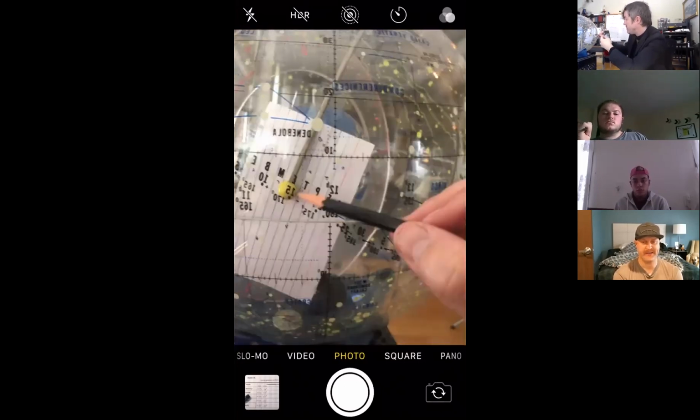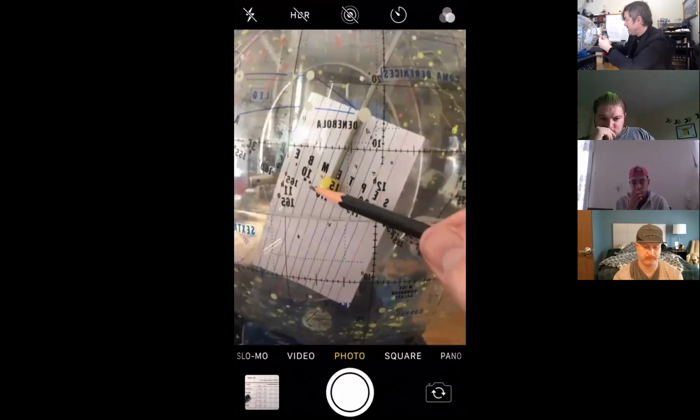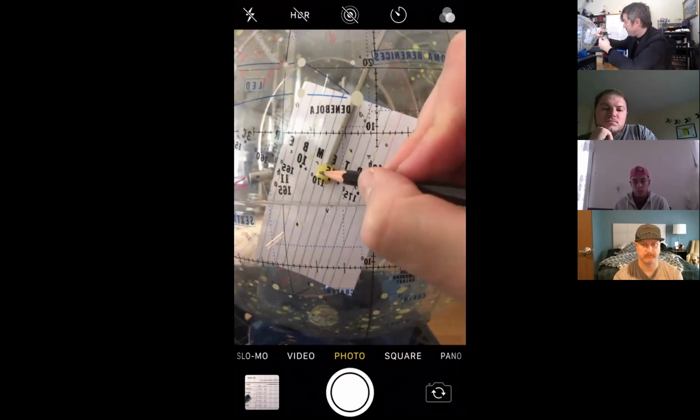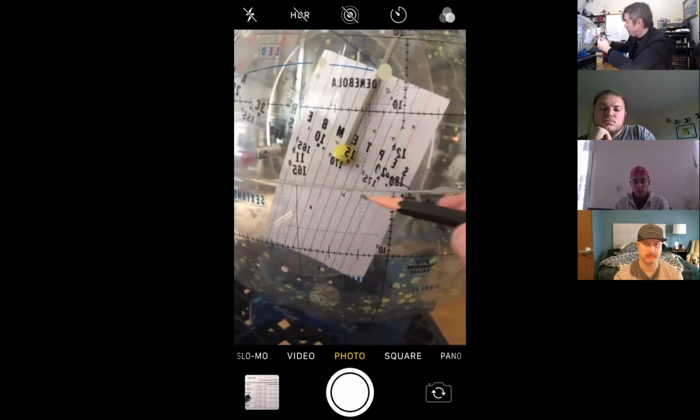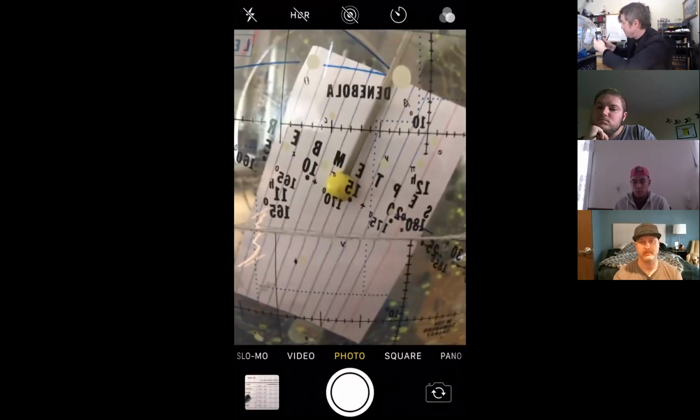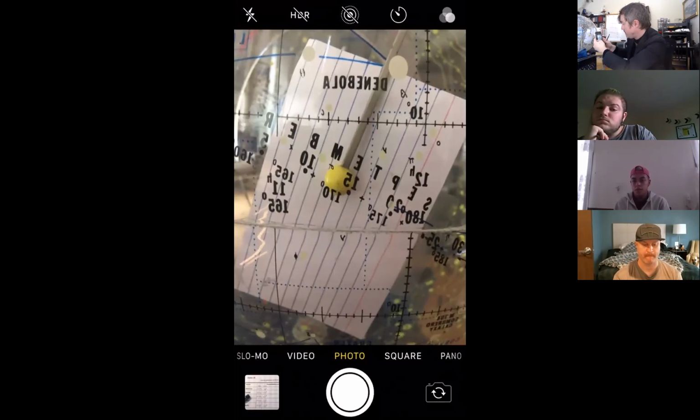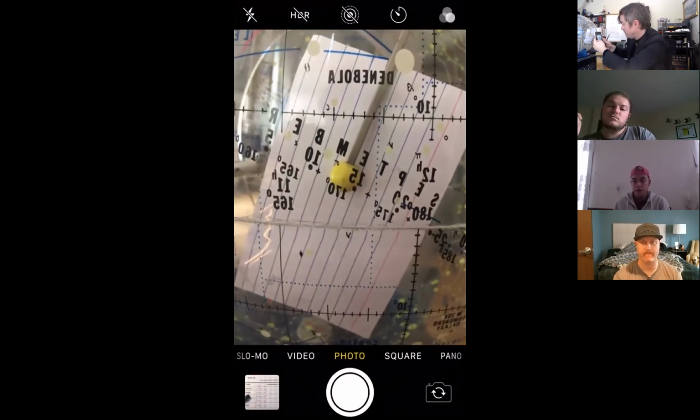So let's get real here. This is the sun. That's September 10th. That's September 15th. So September 14th should be right over here. What would you say is the RA and what would you say is the dec of the sun on this date? RA is 11 hours.